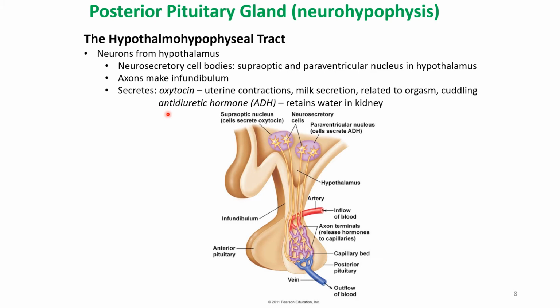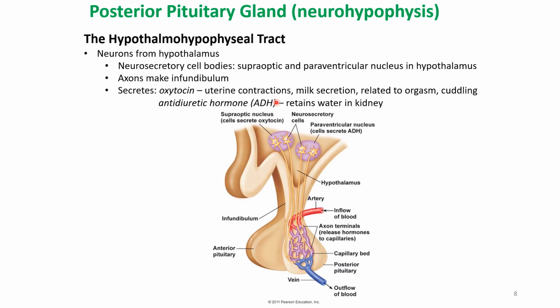Antidiuretic hormone, or commonly referred to as ADH, is going to have an effect on the water retention in your kidney. So when you need to retain water, your body will secrete more ADH. And this is what happens with people who drink too much alcohol, or it could just be a lot of some alcohol, is alcohol inhibits the central nervous system.